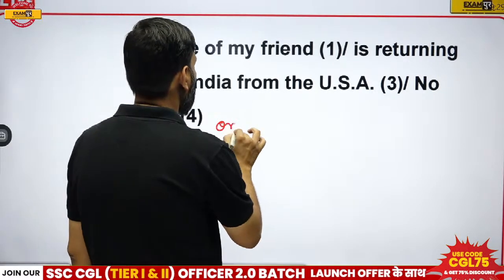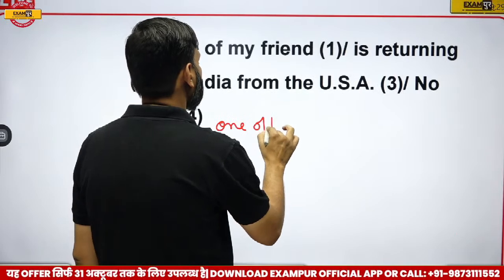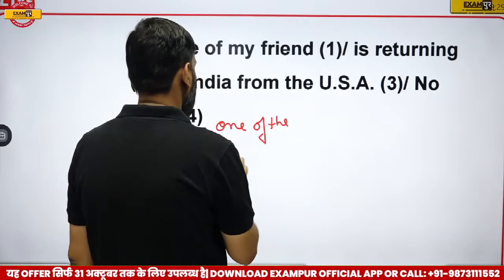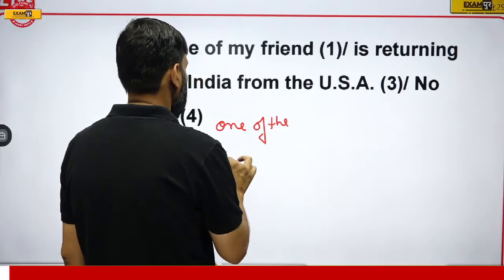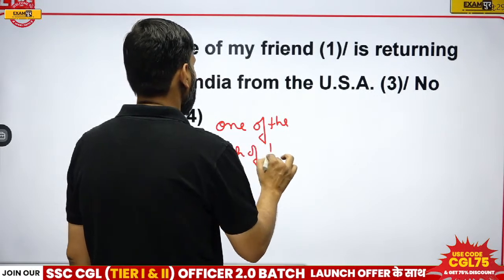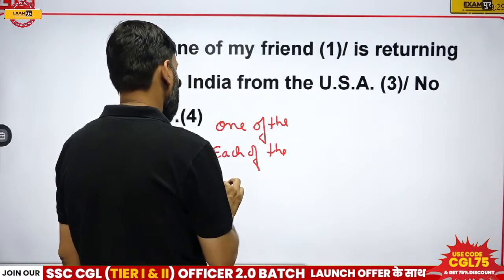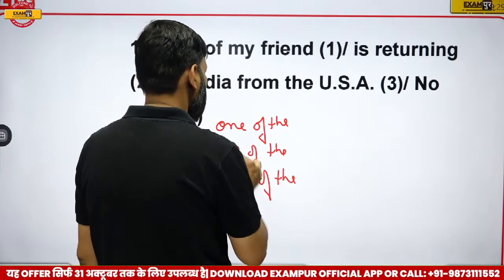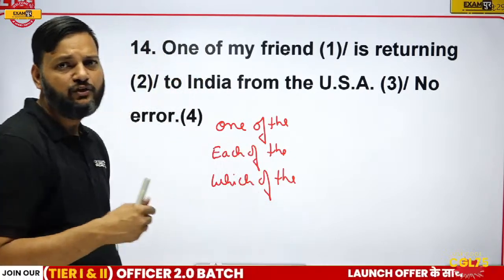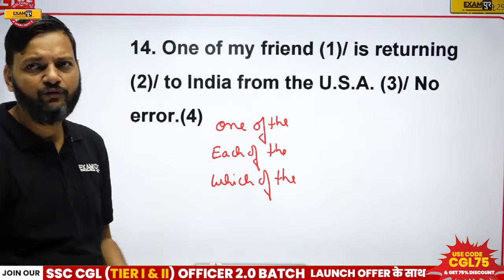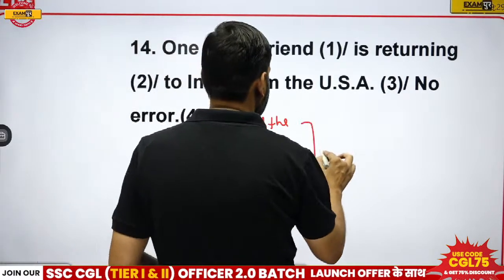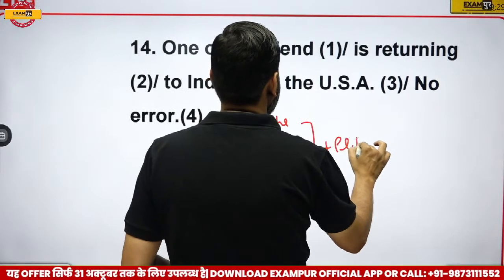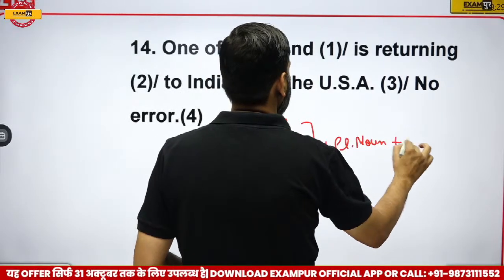One of the, each of the, which of the, some of these words are there. One of the, each of the, either of the, neither of the, all these words are followed by a plural noun and a singular verb.